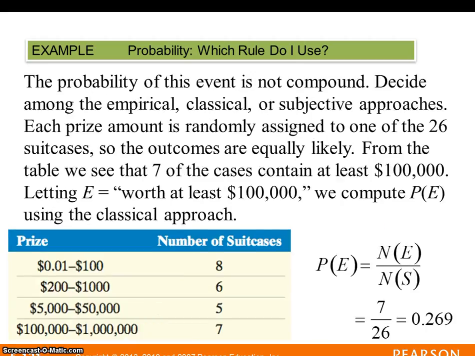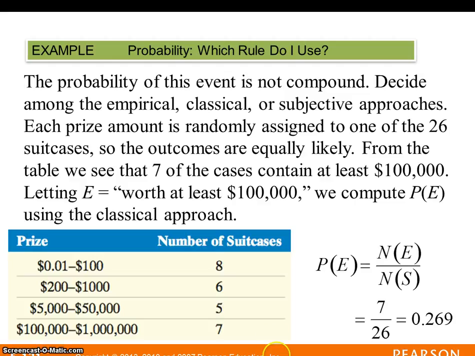So the probability of this event is not compound, so decide among the empirical, classical, or subjective approaches. Each prize amount is randomly assigned to one of the 26 suitcases, so the outcomes are equally likely. And from the table we see that 7 of the cases contain at least $100,000, so let E in this case be worth at least $100,000 and compute the probability of E occurring.